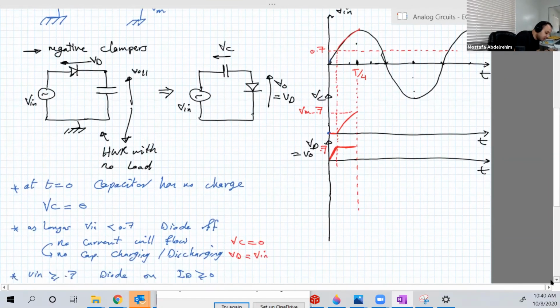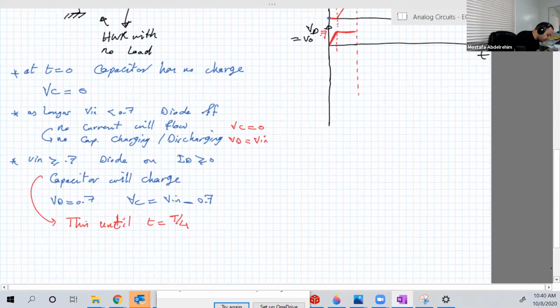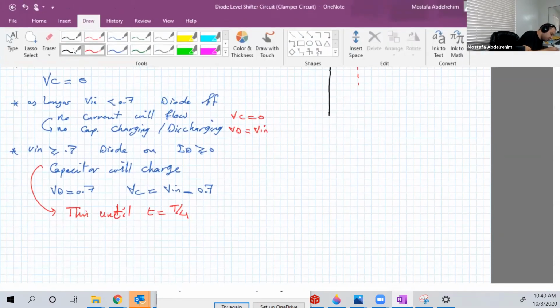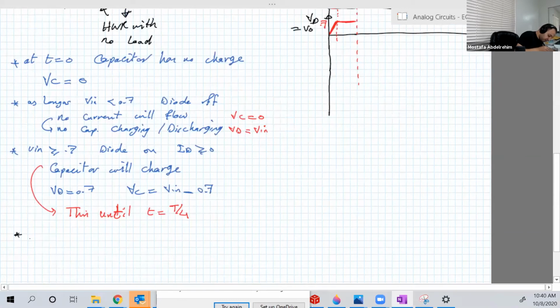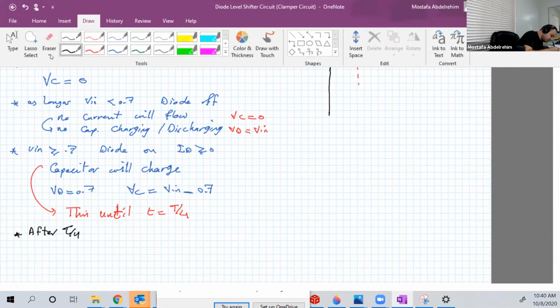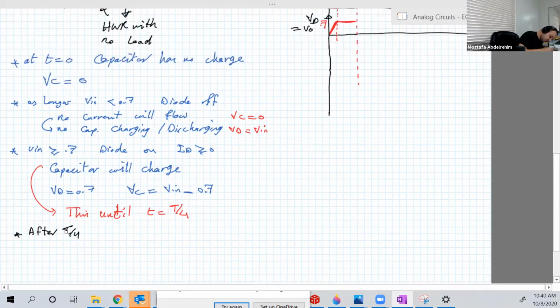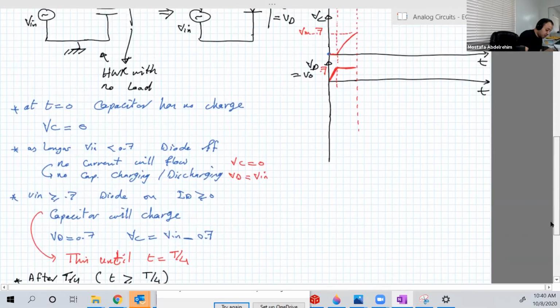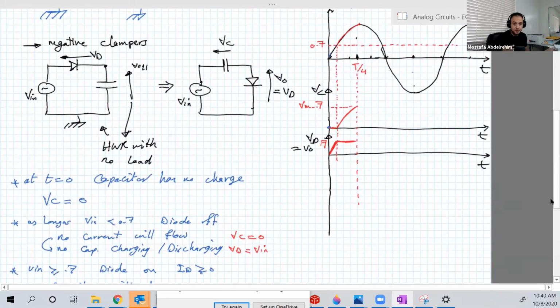Now, let's see what's going to happen after T over 4. When t is larger than or equal to T over 4, we said that we have three options.